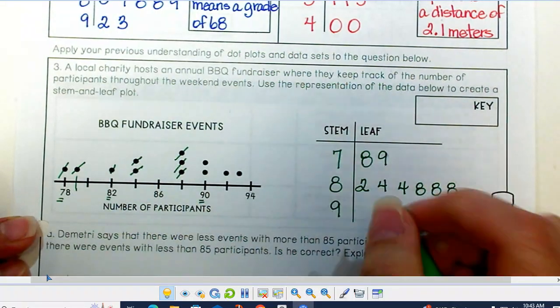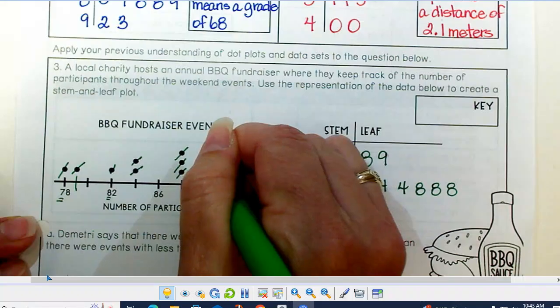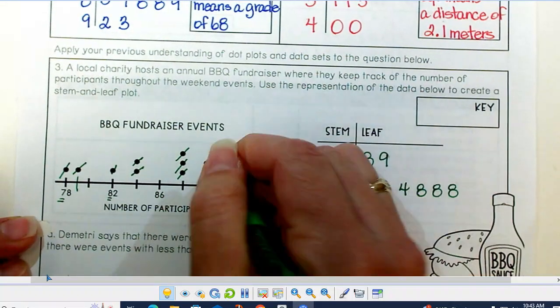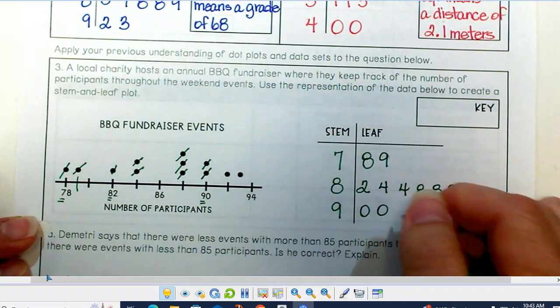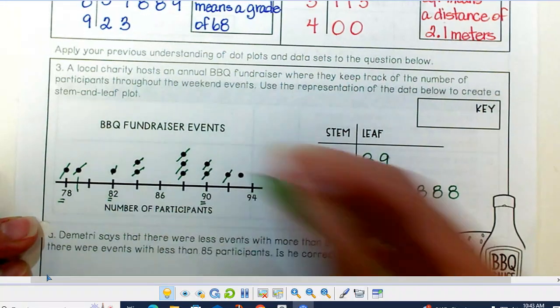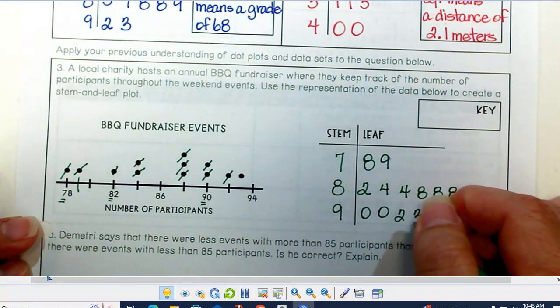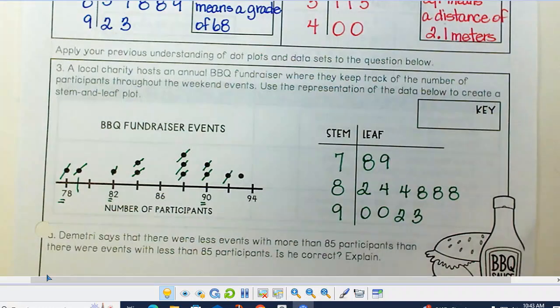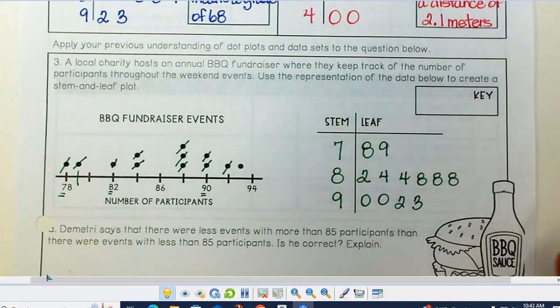And now I'm at 90. 90 occurs twice. I have 92, and I have a 93. And then it says at the bottom, Dimitri says that there were less events with more than 85 participants than there were events with less than 85 participants.